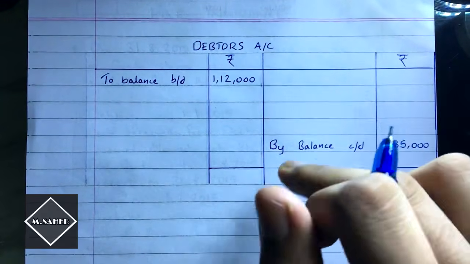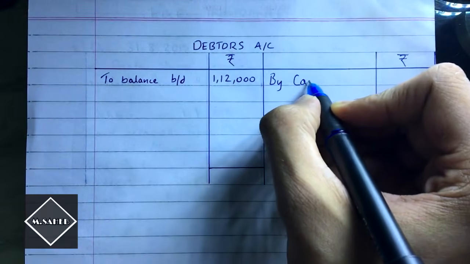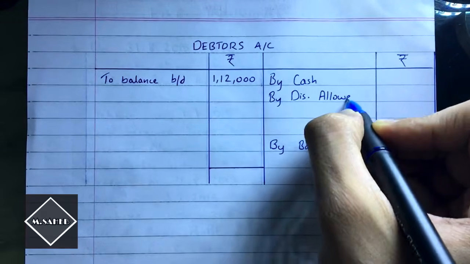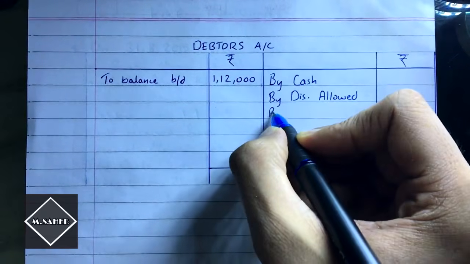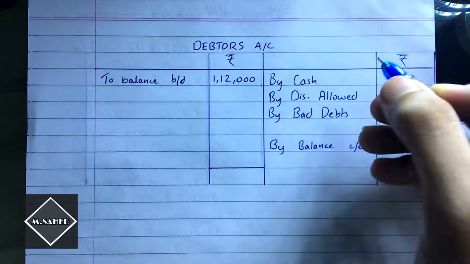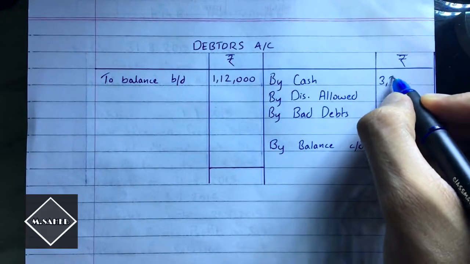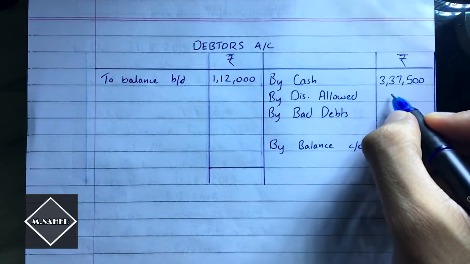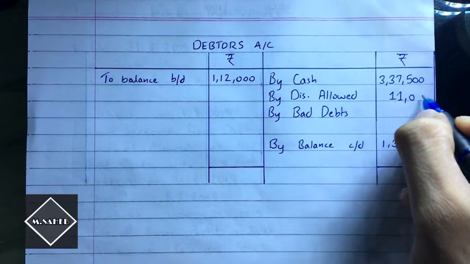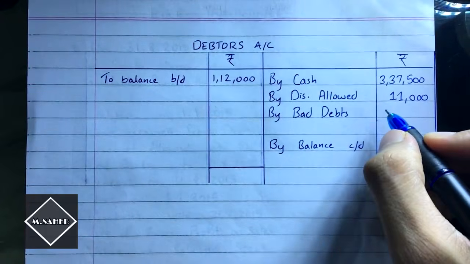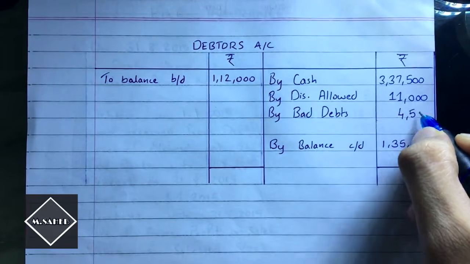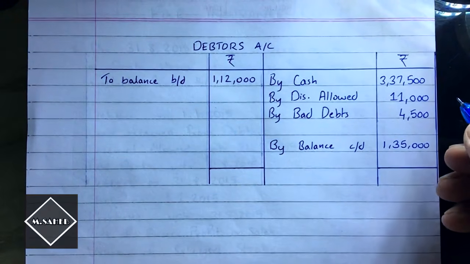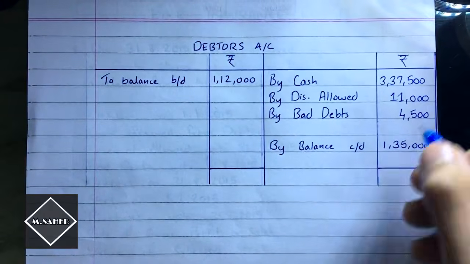So by cash, by discount allowed, by bad debts. Cash received from the debtors is equal to 3,37,500, the discount allowed is equal to 11,000, and the bad debt is equal to 4,500.